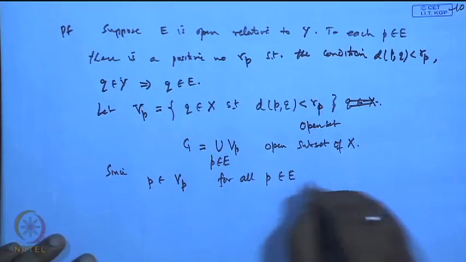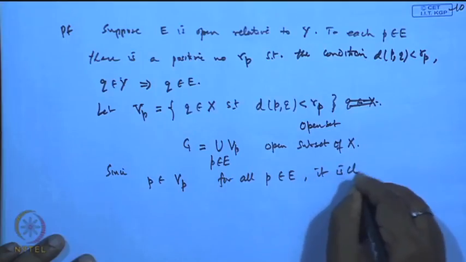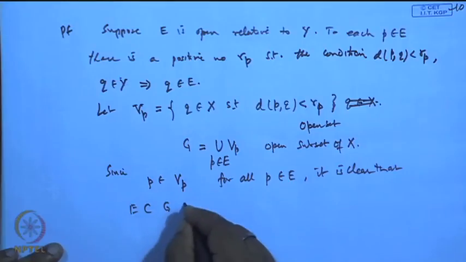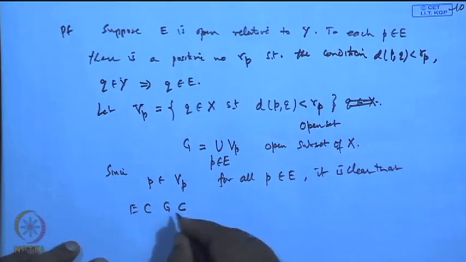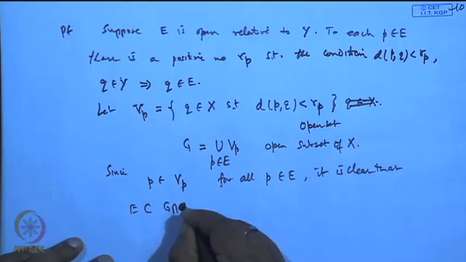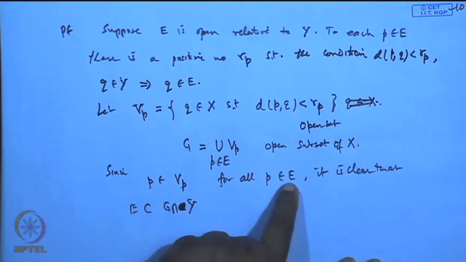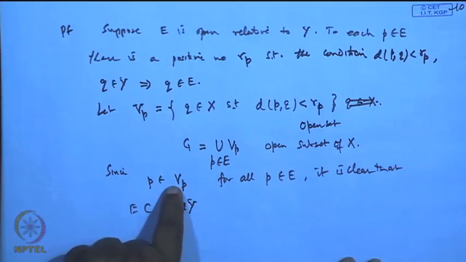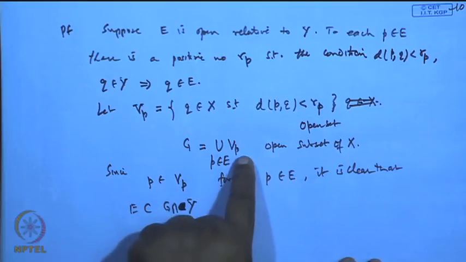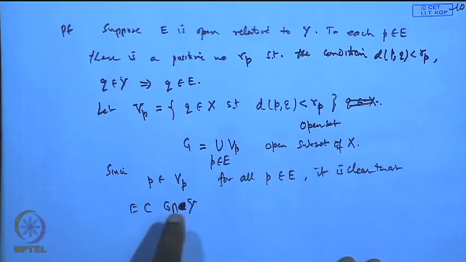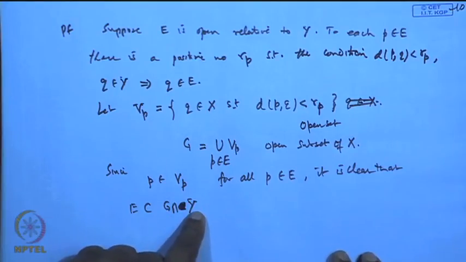So, it is clear that E will be contained in G intersection Y, because every point of E is in B_p, G is the union of the B_p, and every point of E is in Y as well as in G.